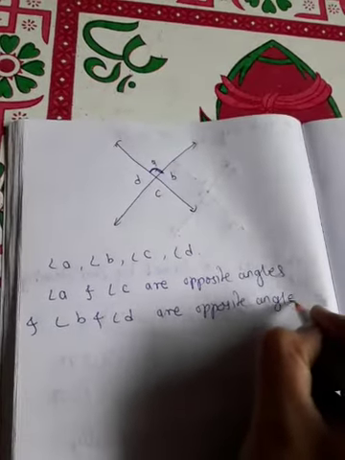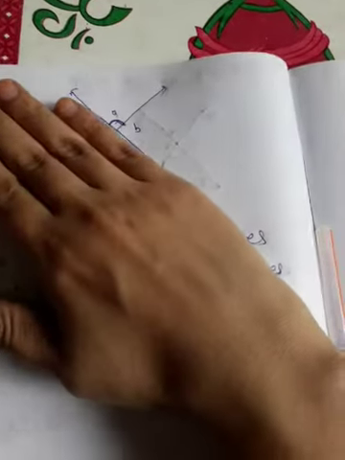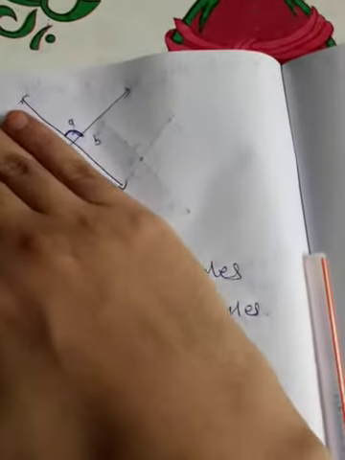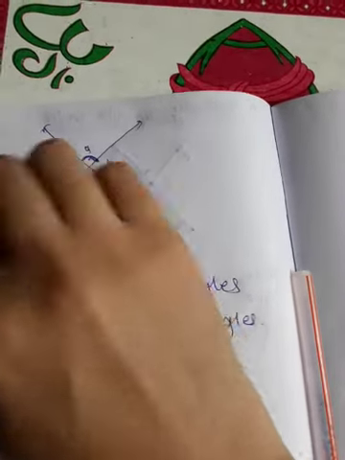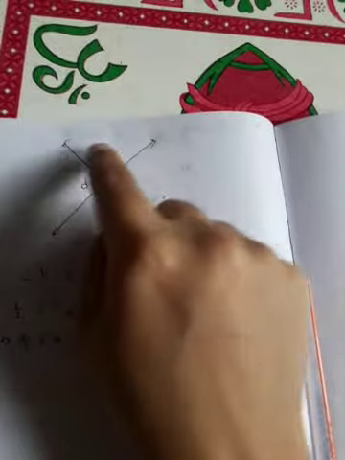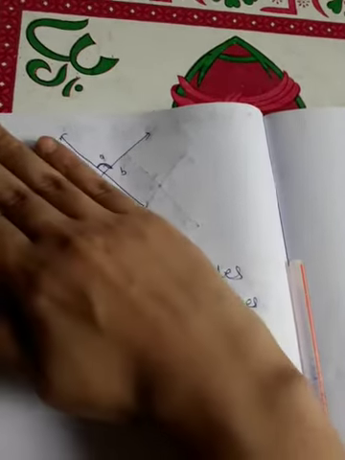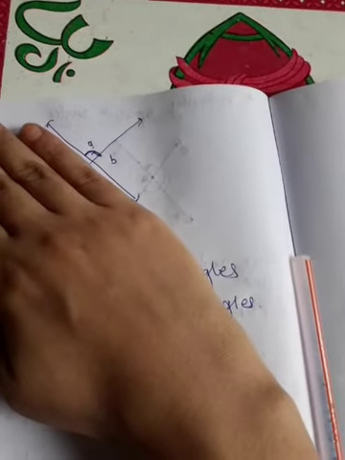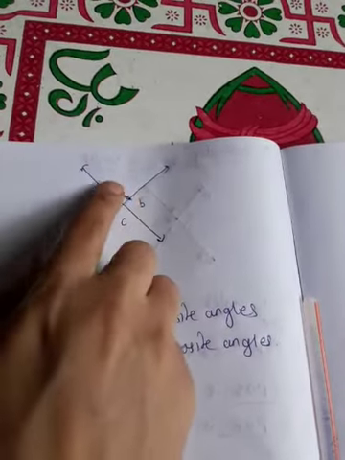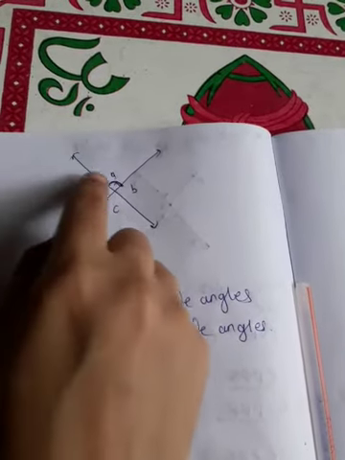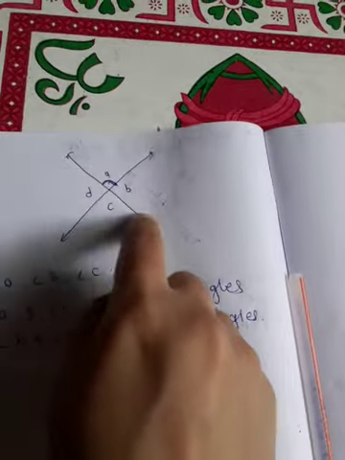Okay, now see here, this part of the diagram. In this part you can see that angle A and angle B are in linear pair, because they have one common arm and their other arms form a straight line.